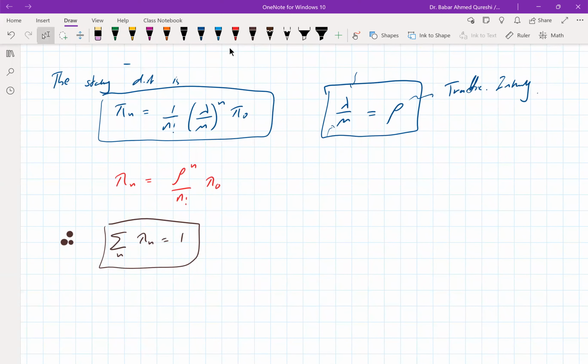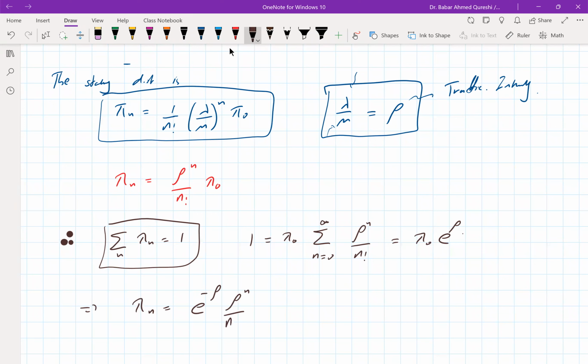And that gives you pi naught, this is simply e to the rho. So pi naught is e minus rho. So this means pi n is e to the minus rho rho n over n factorial. So this is a Poisson distribution.